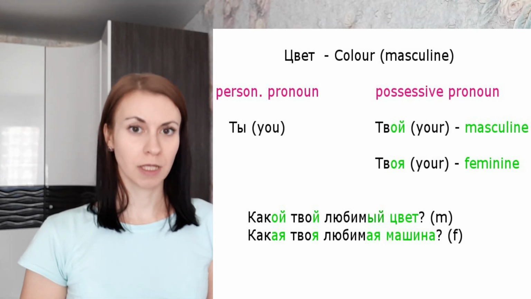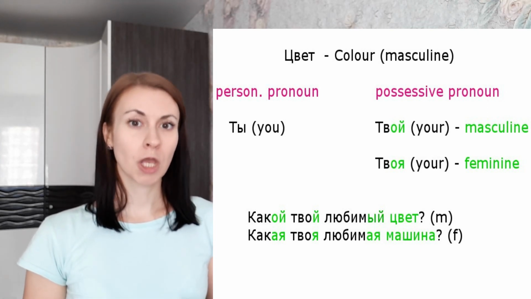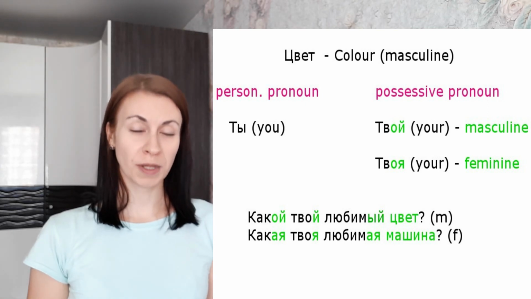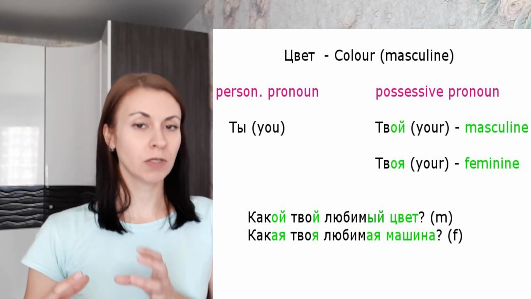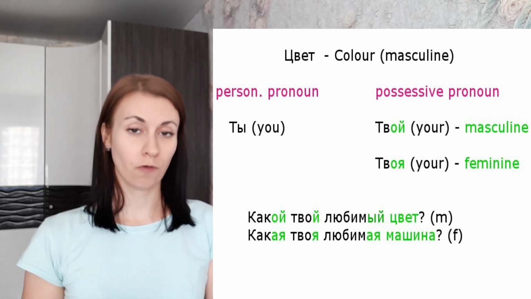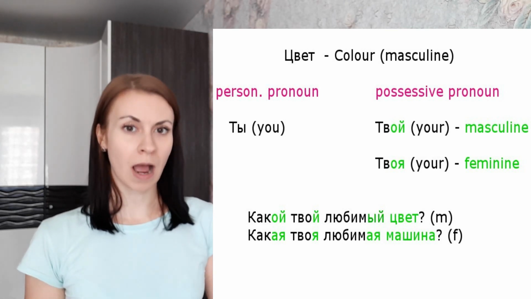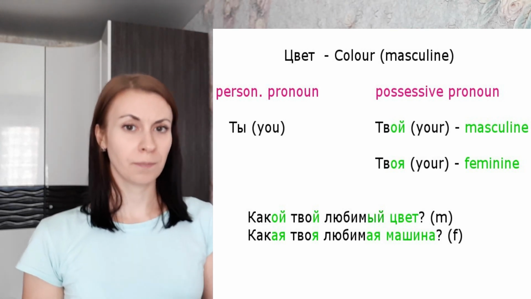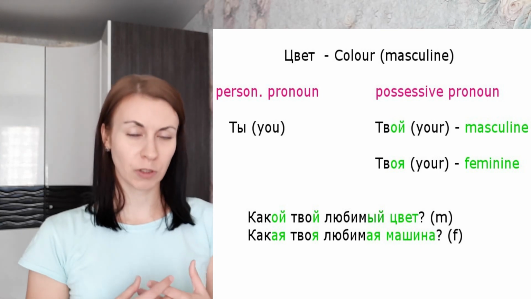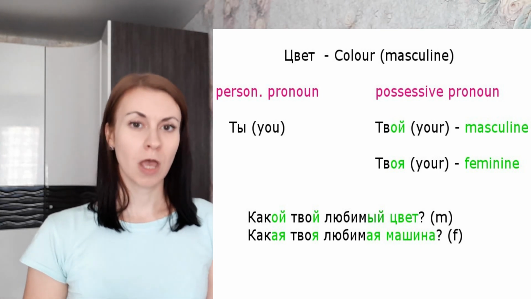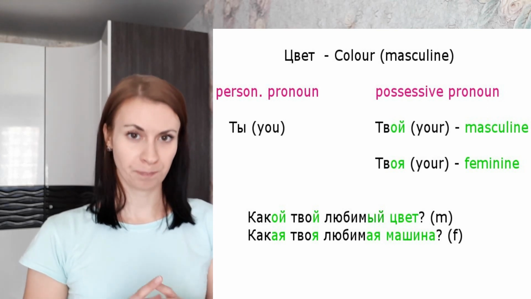In Russian it is твой. Then we have to use masculine form. For example, твой папа, твой брат, твой парень. Everything goes with твой because they are masculine.